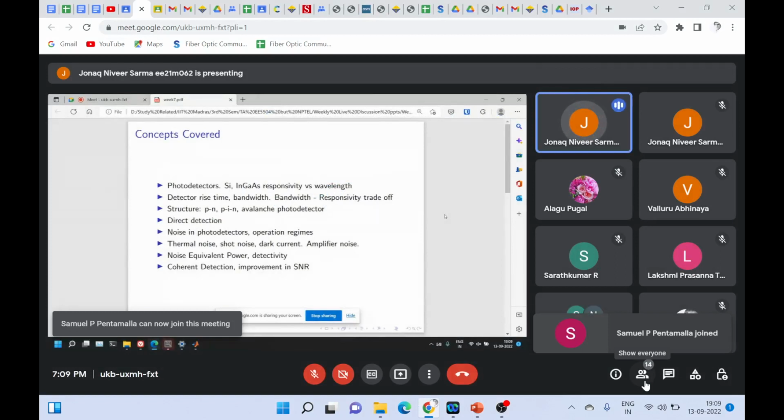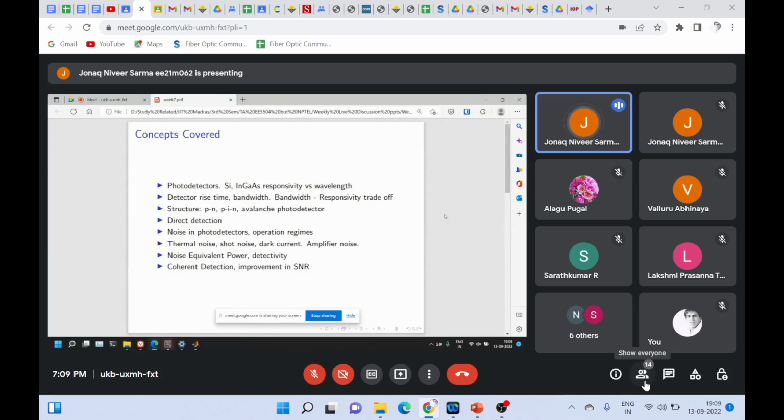And then we briefly touched upon these two concepts: noise equivalent power and detectivity. We don't usually encounter these quantities, but you might see them in future. So noise equivalent power gives us the signal power required for SNR equal to 1.